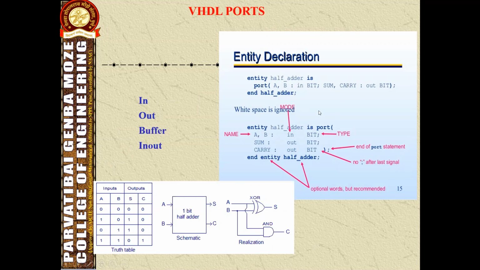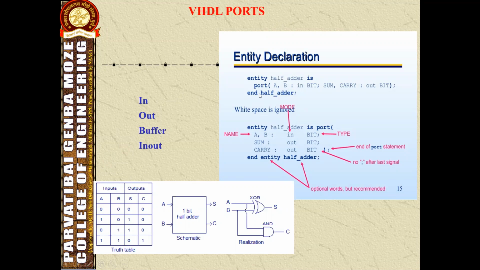Sum and carry are the output terminals, and we have mentioned in the program that they are output terminals by using out. The bit type of signal will be obtained at the output terminals sum and carry, which is mentioned in the entity.